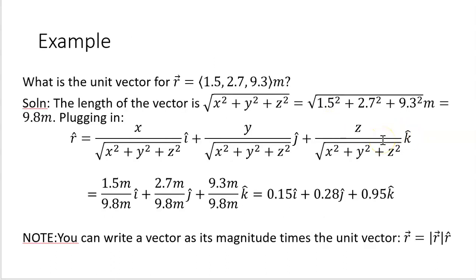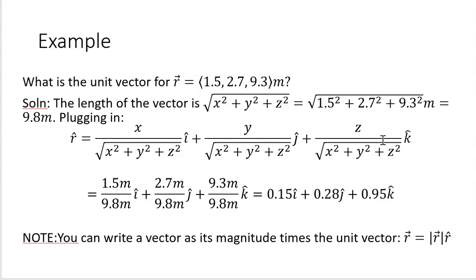So what about that vector that I gave in the example with the components 1.5 meters, 2.7 meters, and 9.3 meters in the x, y, and z directions respectively? Let's double check and make sure that we're working this okay by plugging and chugging into our formulas. So the length of this vector, let's find that first. It would be the square root of the sum of the squares of its components.